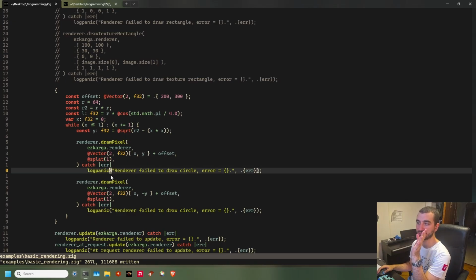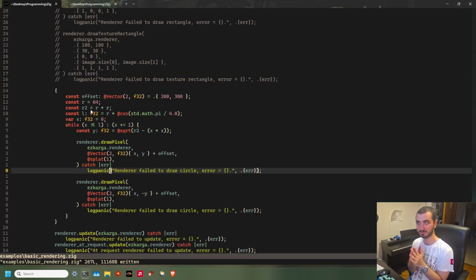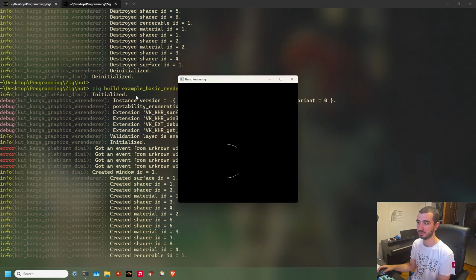Anyway, this is not going to give us the whole circle because we didn't mirror it, right? Let's try to see what we get by this. We didn't mirror it, but we're going to get something, right? So let's see. As you can see, we get the bottom and top right half of the circle, right?